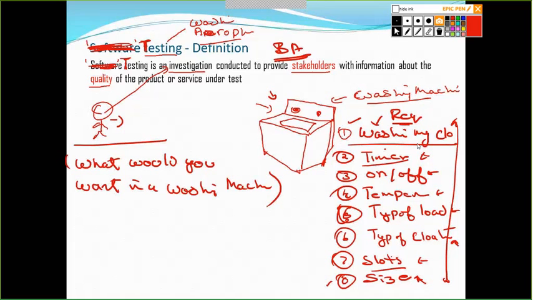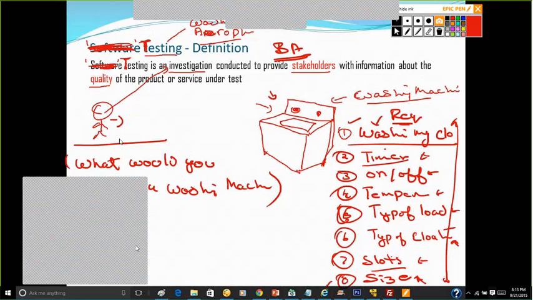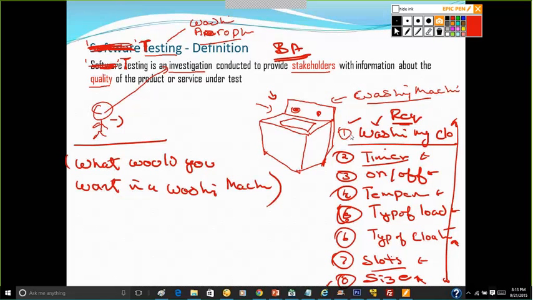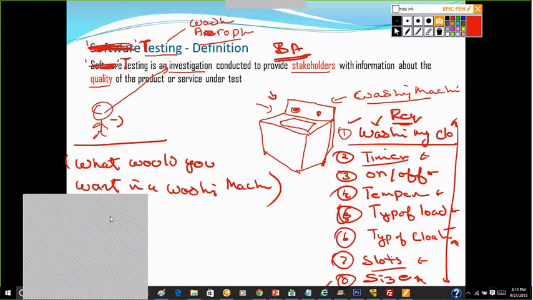I'm going to put the clothes in the washing machine, turn it on and check if it's washing the clothes. Correct. I'm going to take some clothes, put them into the washing machine and see whether it works. So what are you actually doing? You are checking whether this particular functionality works or not, correct? Correct.